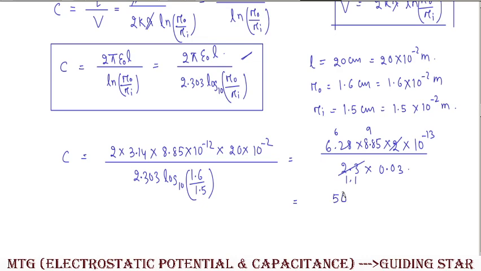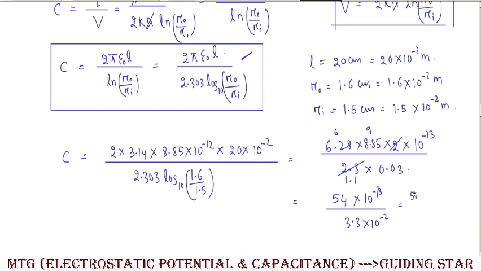The average is to be 54 nearly, into 10 to the power minus 3, whole divided by 1.1 into 3, so it will be 3.3 into 10 to the power minus 13. The 10 to the minus 13 here, so it will be 10 to the minus 2. Clear?